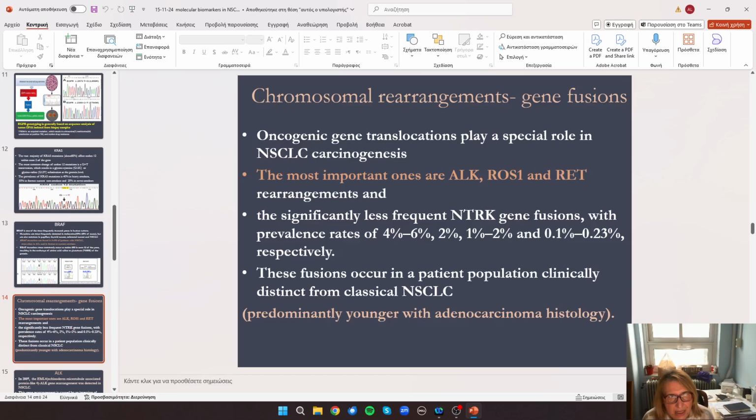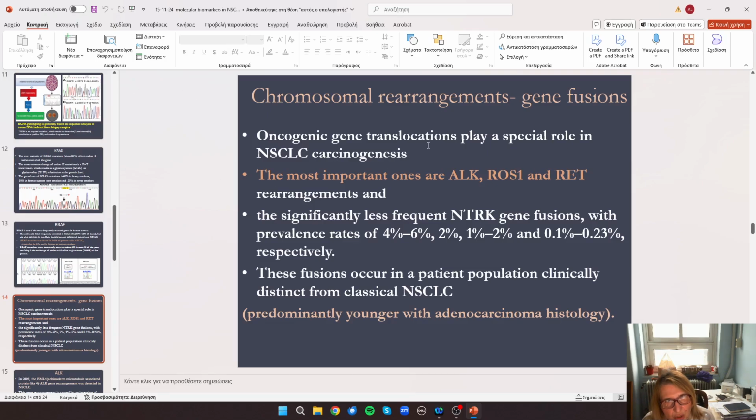Rearrangements are the result of a break that has occurred at genes or chromosomal regions, and this break event leads to translocation of bases, nucleic acid, a small part of a chromosome to another region of the same chromosome or another chromosome.